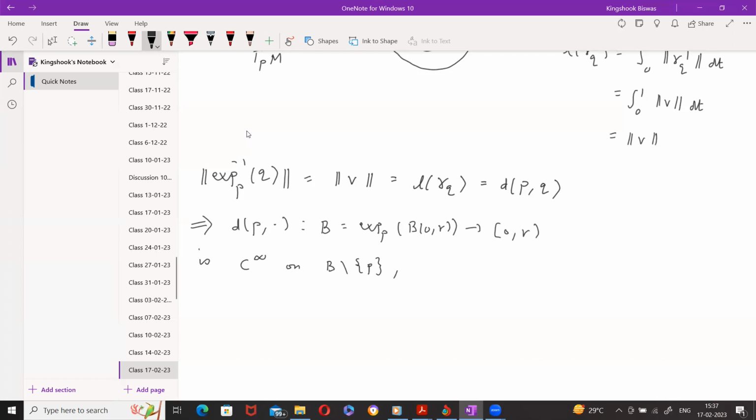Okay. And if I square things, then if I look at the norm squared, then that will be the distance of PQ squared. Now notice that the norm squared function comes from the inner product, right? So the inner product is a smooth function on the vector space. So this norm squared is smooth, okay? So that means that if I look at the distance squared, this is smooth on the whole geodesic ball.